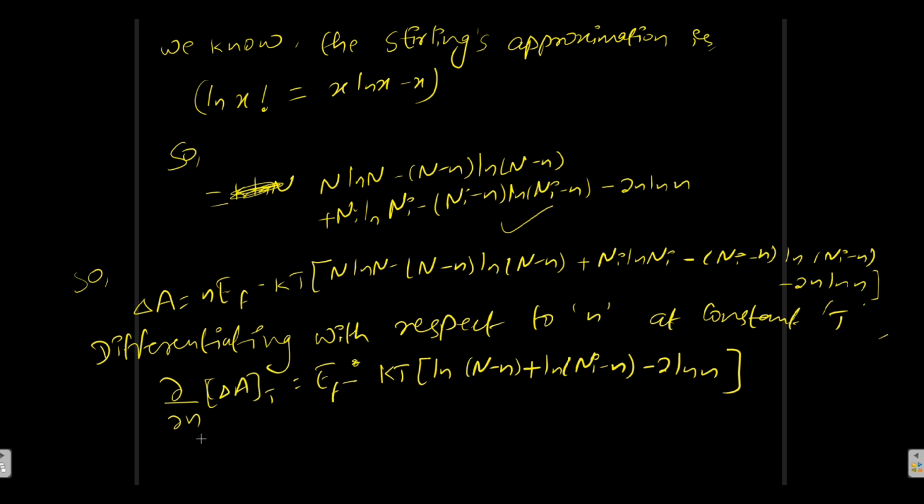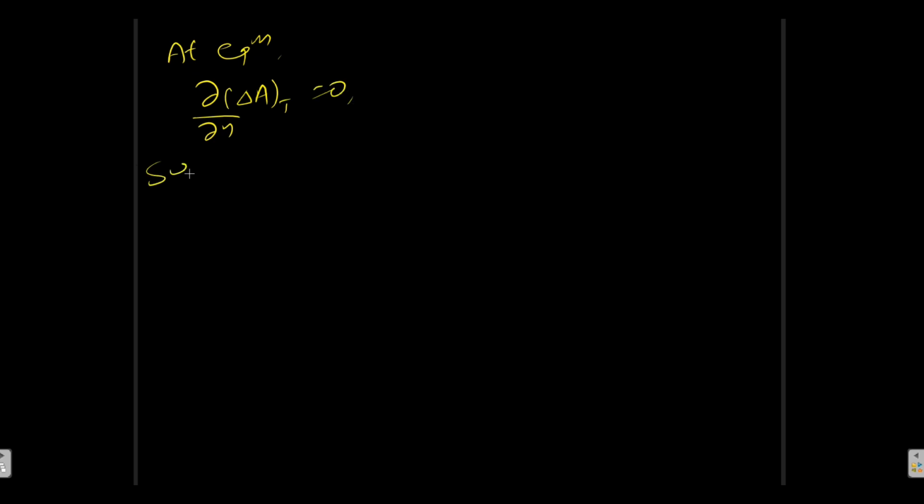Now at equilibrium, this value will be 0, right? So at equilibrium, ∂F/∂n at constant T will be equal to 0. So the right side value, what was the right side value we had? That is Ef − kT [ln(N − n) + ln(Ni − n) − 2 ln n].